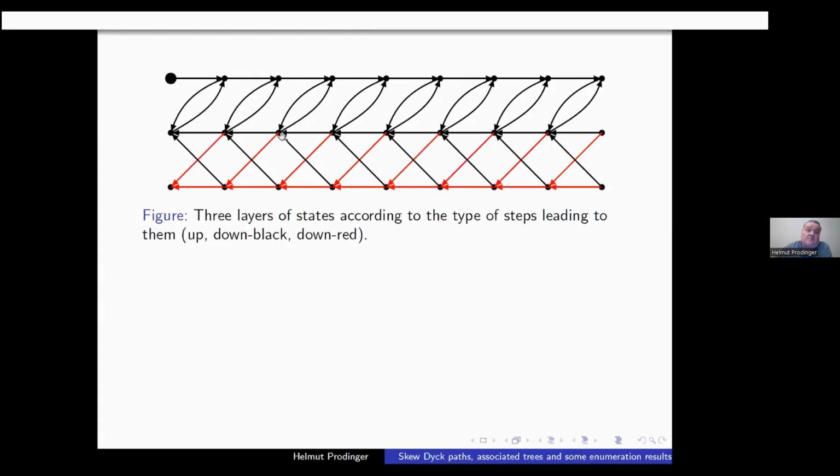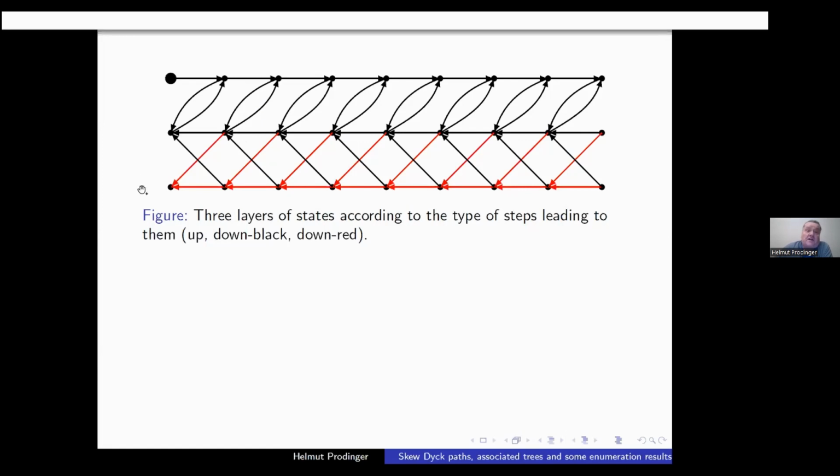Then you can decide whether you continue with red down steps or black down steps or any mixture of them. But to come back to the layer where you have up steps, you cannot go directly from here to the up steps. You have to first do a black down step, and then you can continue. So I think everything that one wants to know is just described in this picture.